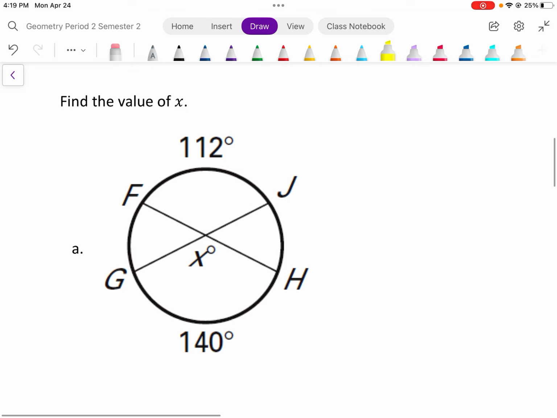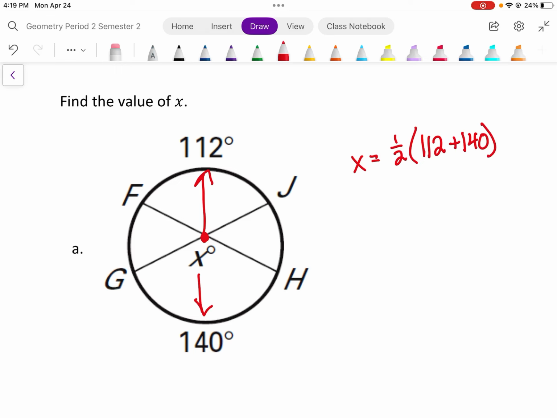So if we do an example with this, they give us the measure of angle X, and they want us to figure out what it equals. And they gave us both of the chords that are opposite of these angles. So that angle X is going to be equal to 1/2 of 112 plus 140.